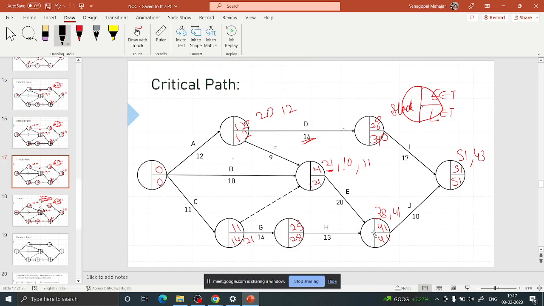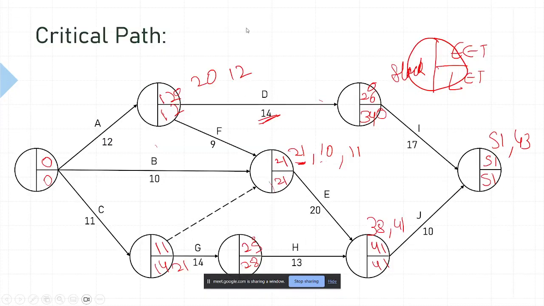Does anybody have any objection to this critical path? Any objections? No, sir, it's okay. Okay. A, F, E, and J.